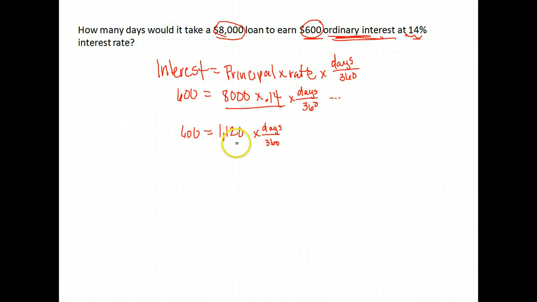Okay, what I'm going to do now is I want to move that 1,120 to the other side. It's multiplied by the days divided by 360, so if I divide by 1,120, that will move it to the other side. And I'll have over here days divided by 360 equals 600 divided by 1,120.